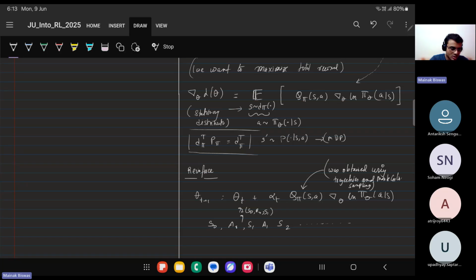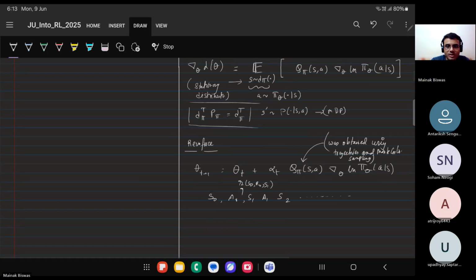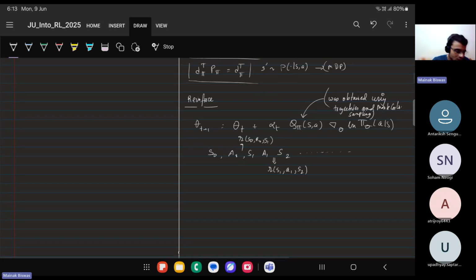Fine. So once you have this, the reward of S1, A1, S2. So we will say that q pi of S0 comma A0 is nothing but the reward of S0.